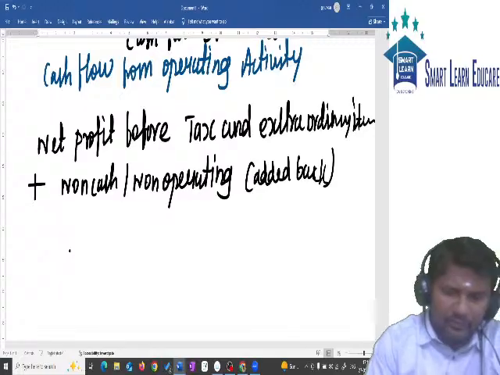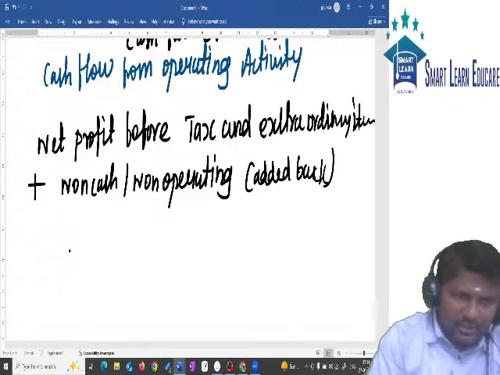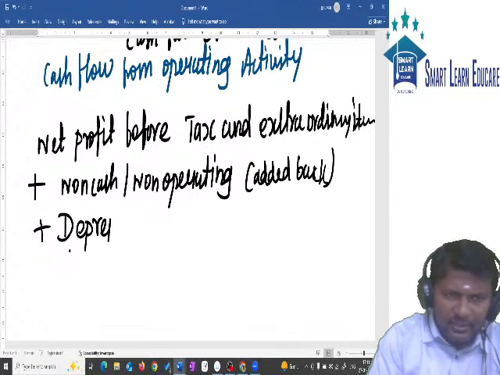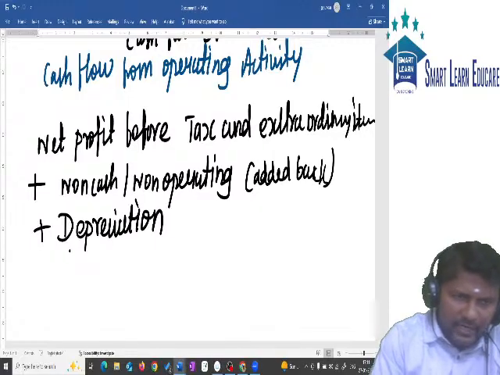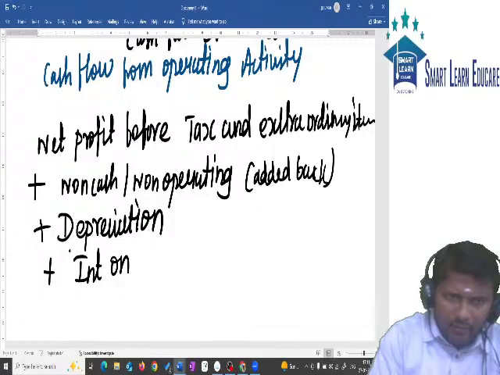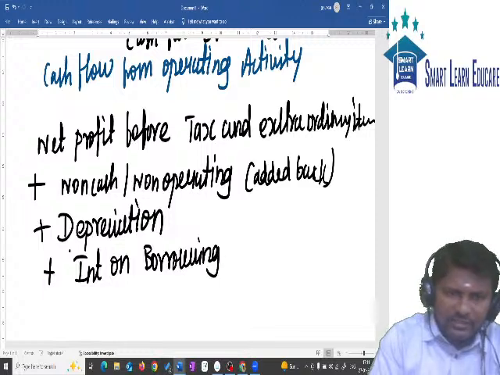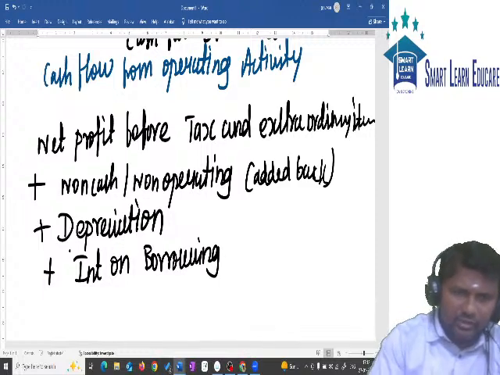First one, add back depreciation, because in depreciation we don't have any cash flow, so depreciation should be added back. Also, interest on borrowings. Interest will be debited to P&L account, but interest is a financing activity, so interest should be added back.